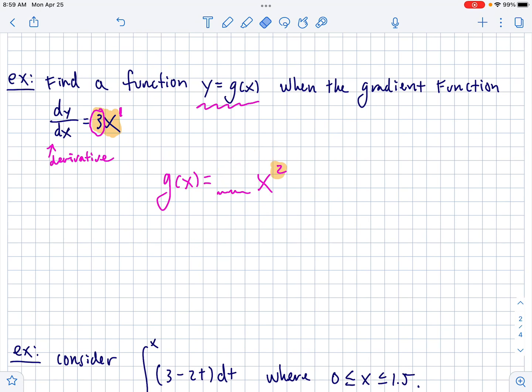So we have to think to ourselves, what times 2 would give us 3? It's like 1.5. So I think the antiderivative is 1.5x squared. Once again, I would take the derivative of this function to make sure I get 3x, which it does, because if you take the 2 out in front and multiply it, 2 times 1.5 is 3, drop the power down 1, it works.